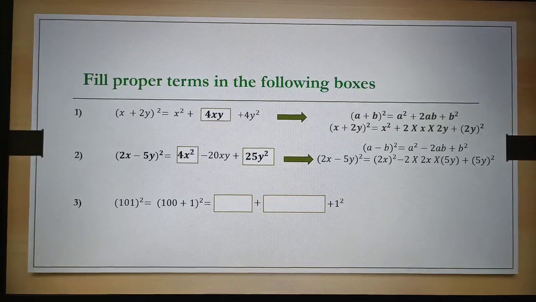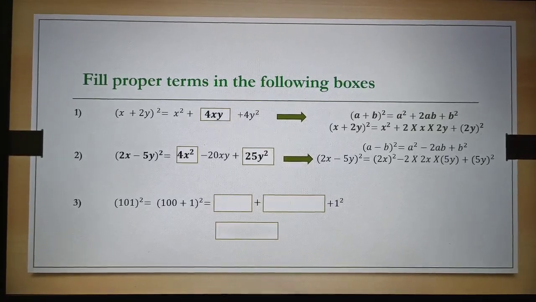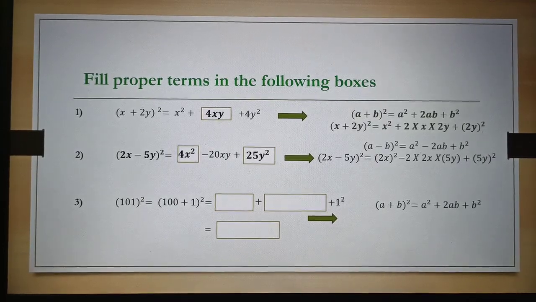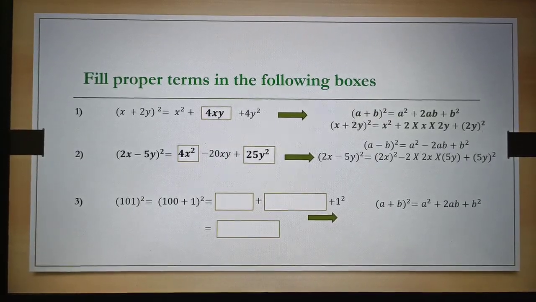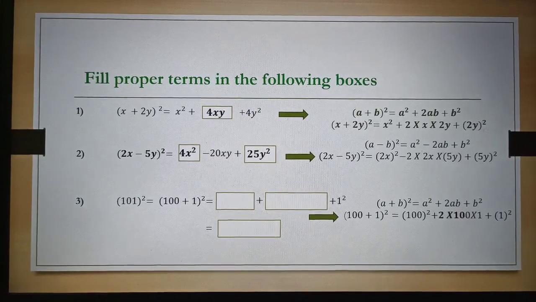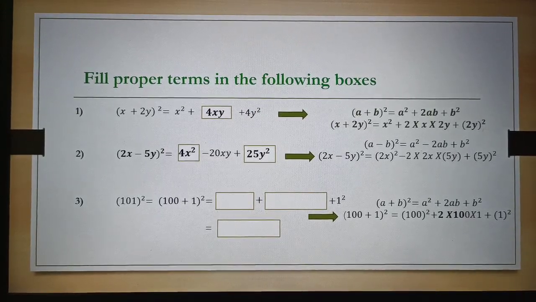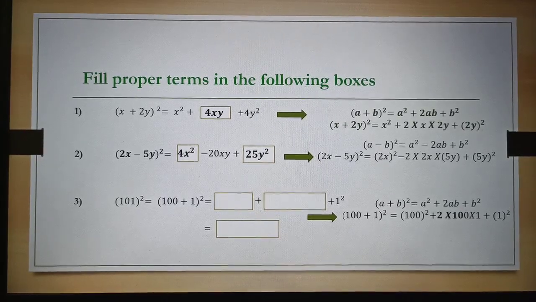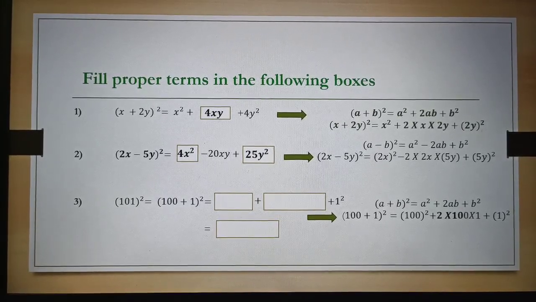So here we have to use the identity (a plus b) the whole square is equal to a square plus 2ab plus b square. Here a is equal to 100 and b is equal to 1. So apply the values in this formula.